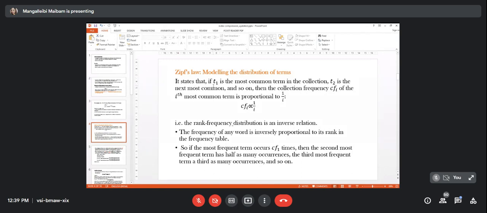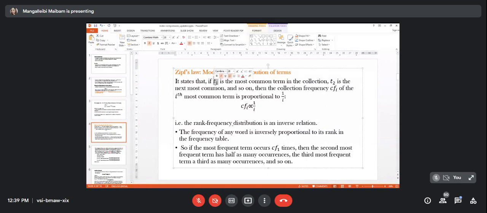It states that if T1, term 1 in the collection, is the most common term in the collection. Suppose when you write a document, all the individual terms you can prioritize according to their frequency.